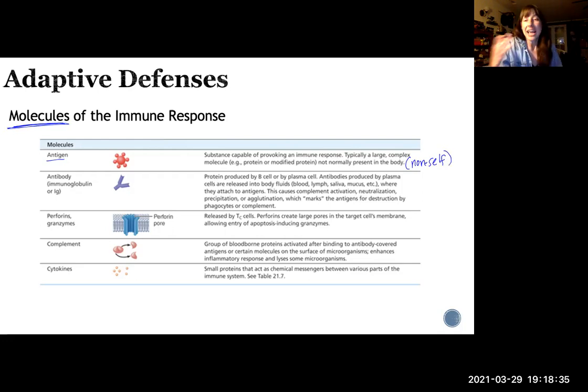Okay, antibodies are also just a molecule, right? These are polypeptides exhibiting quaternary structure. They are produced by B cells, or by the plasma cells that the B cell produces when it first encounters that antigen.